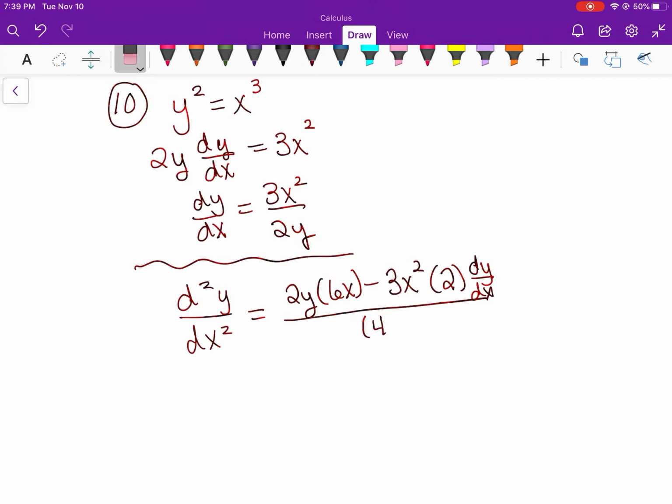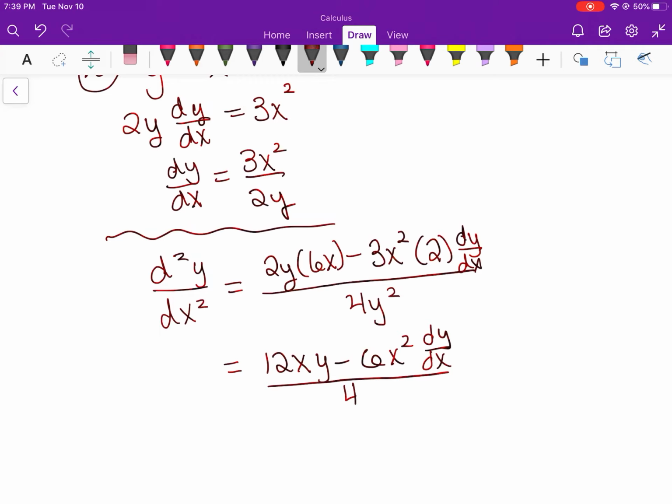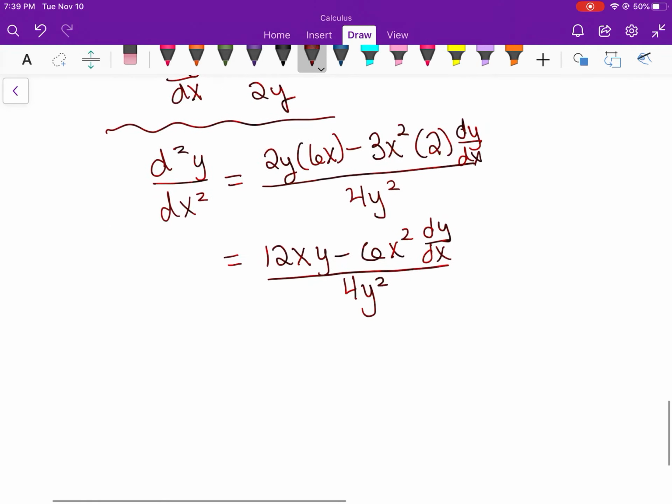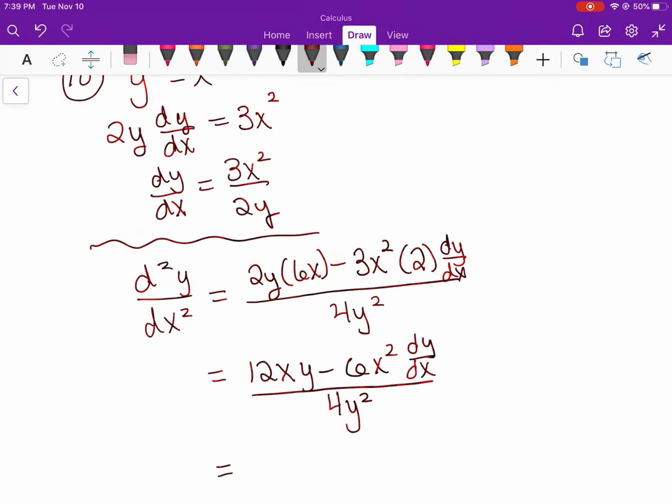And I don't need parentheses there, so let me change that. I'm going to clean that up a little bit. Okay, I'm going to make a substitution. Now, I know that dy over dx is this right here from my first derivative.